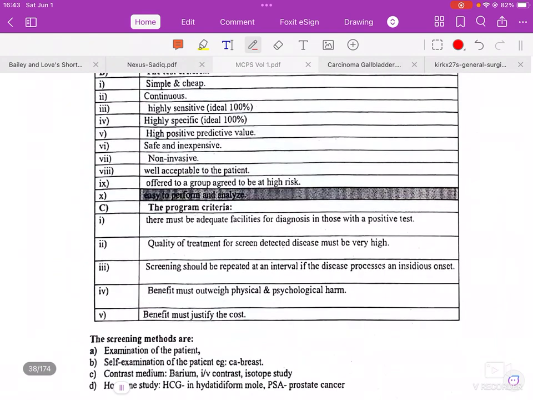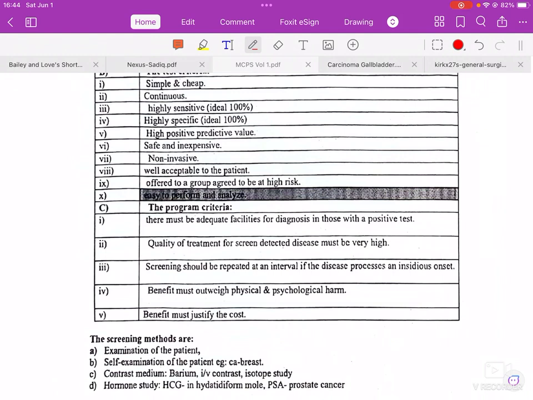Now come to the program criteria. There must be adequate facilities for diagnosis in those with a positive test. Quality of treatment of screen detected disease must be high. Screening should be repeated at an interval if the disease has an insidious onset. Benefit must outweigh physical and psychological harm, because after a patient is informed that he is suffering from cancer, he will suffer psychological harm, and he is also undergoing physical harm.